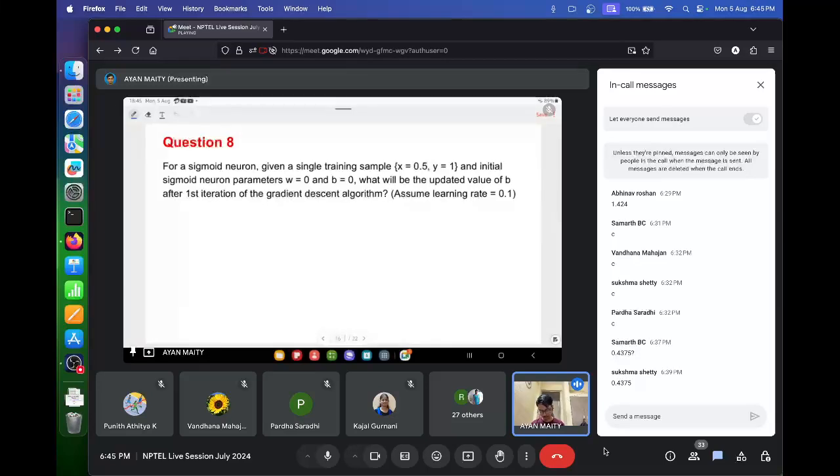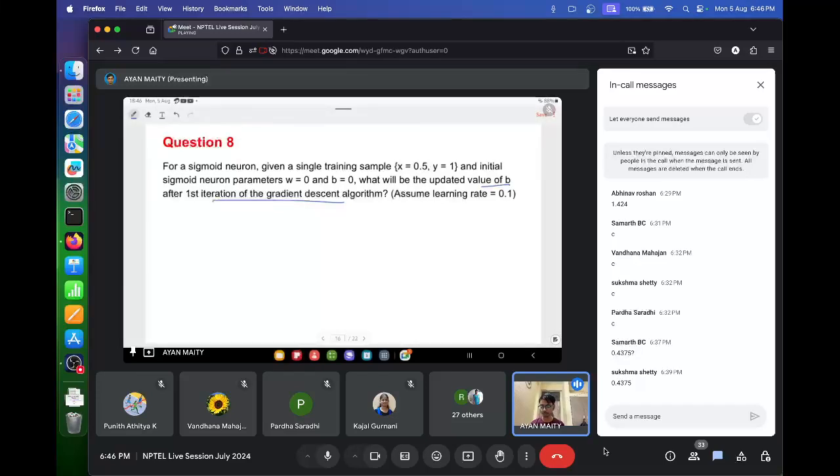Now question 8, exactly the same question, but here you have to find out the updated value of the bias term b after the first iteration of the gradient descent algorithm. Here again you have to first write the formula of the gradient update rule.